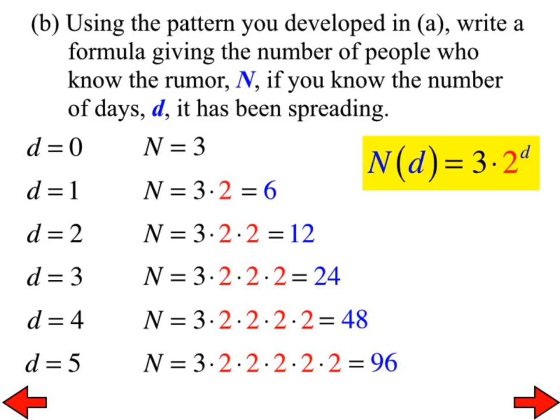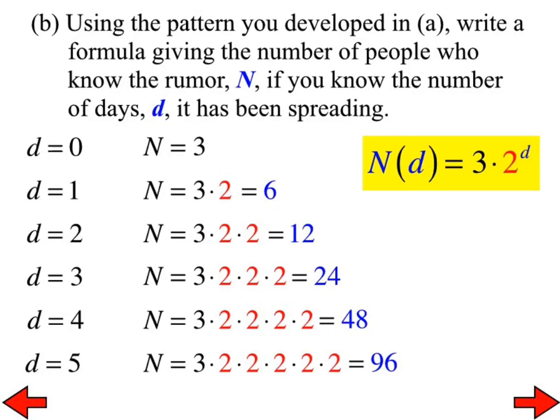Now, we needed that because what we're looking for in part C is how many people would know the rumor after 20 days. So if we want to figure out how many people that would be, d is represented by 20 days. So what you need to figure out for part C is 3 times 2 to the 20th power.